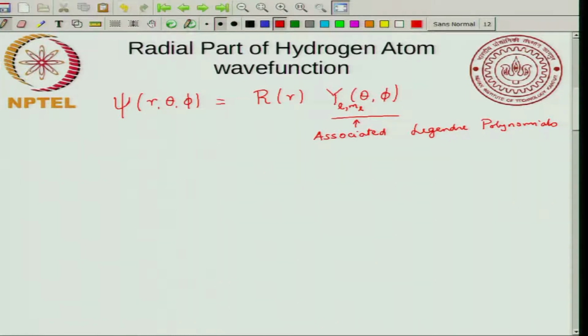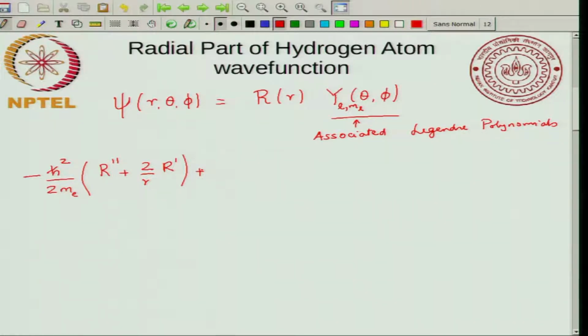I will write it in spherical polar coordinates, and I will just write the expression: minus h cross square by 2 m_e, where m_e is the mass of the electron, and I have R double prime plus 2 by r R prime plus, now the angular part.